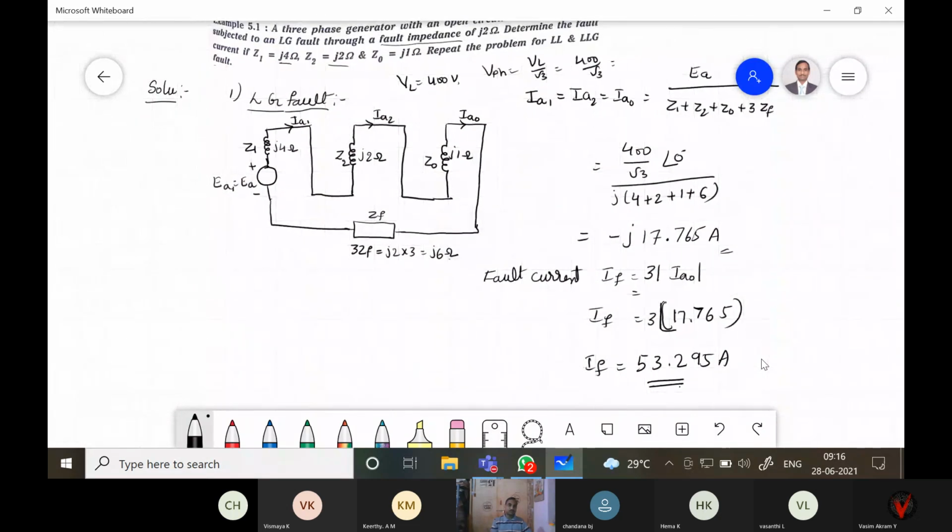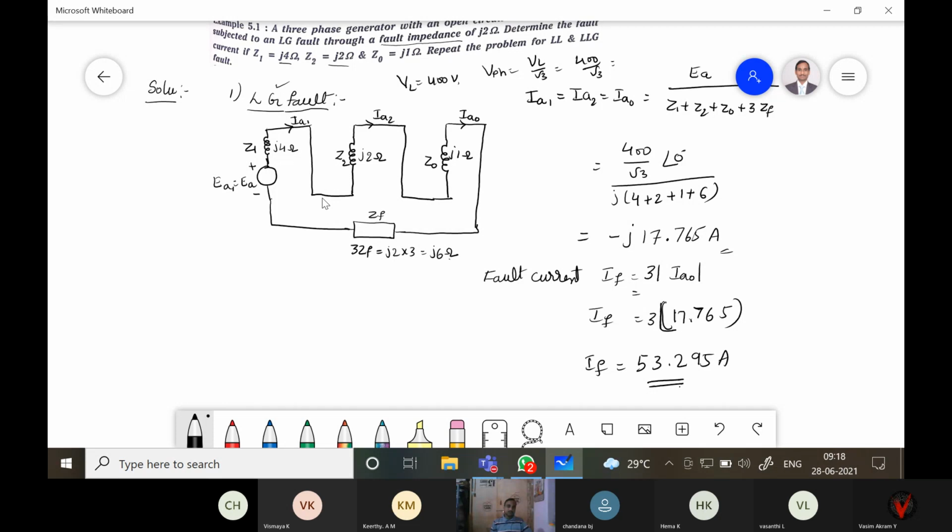So this is about single line to ground fault. While solving the problem, you must be thorough with what the circuit is. If you draw the circuit, you can easily write the equation. You can remember the equation according to the circuit, so it will be easy for you.